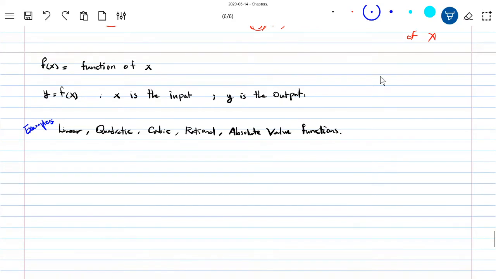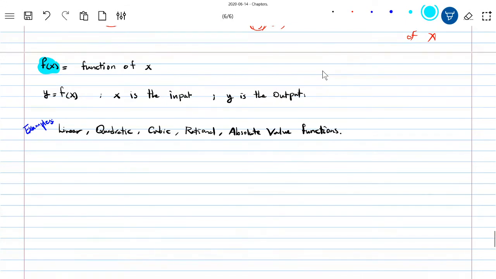What we've learned is, through this definition of function, there's a notation that you need to learn: f of x. This is not a multiplication of f and x. The capital F stands for a function.